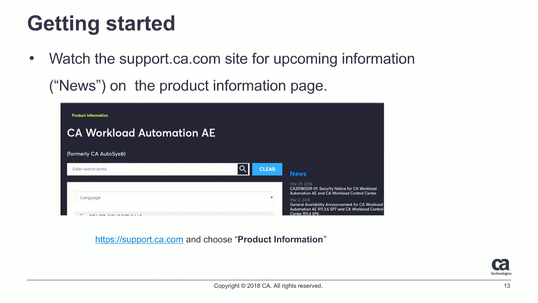It's not up there today, but if you do want to get that, just reach out to your salesperson, or even reach out to me, and we'll make sure that we get you access to that. But just keep an eye on the support.ca.com site for more information on how to formally get access to that, because that will be posted there in a relatively short time period. And there's also news on the product information page that will keep you up to date on what's happening in that regard as well.